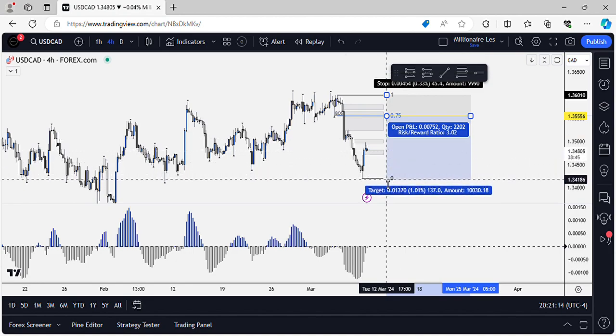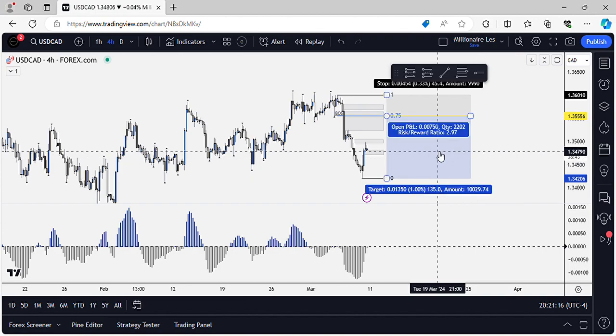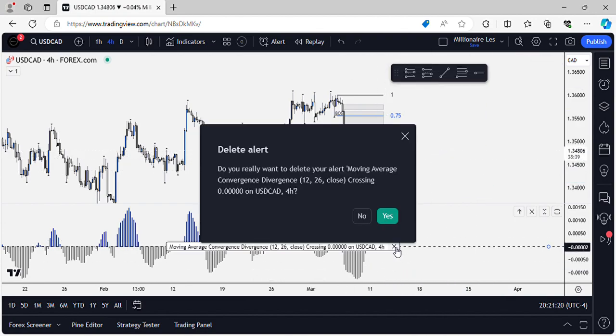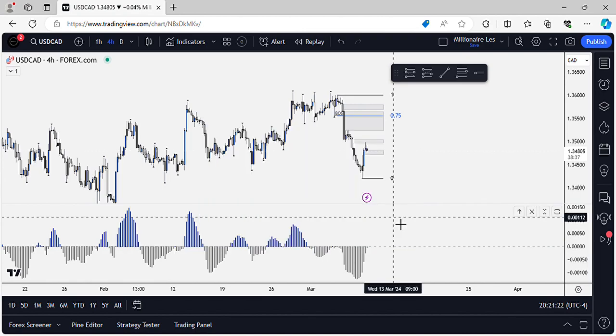And there's no specific trick to the 0.75 fib level. I just like it because it gives me my automatic 1 to 3. Boom, there it is. There's no specific Fibonacci secret tool or whatever the case may be. I just like it because it literally gives me a 1 to 3 risk reward ratio, 1 to 3 on the dot.